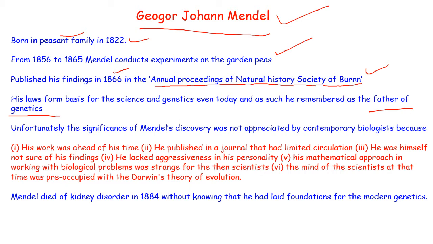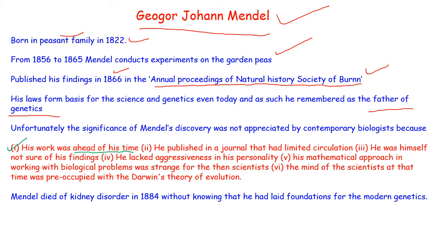But unfortunately, Mendel's discovery was not appreciated at that time by the contemporary biologists, for several reasons. First, his work was ahead of his time. It was difficult to understand because very little advancement had been made in science.